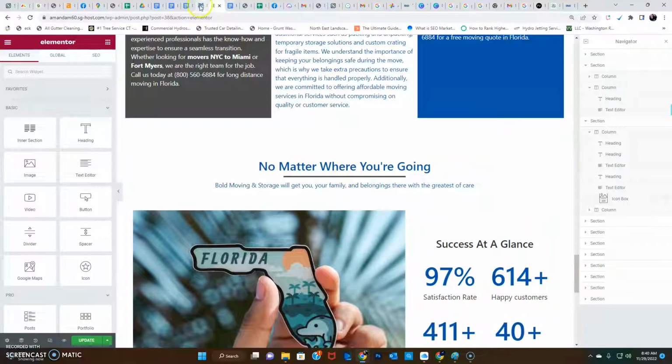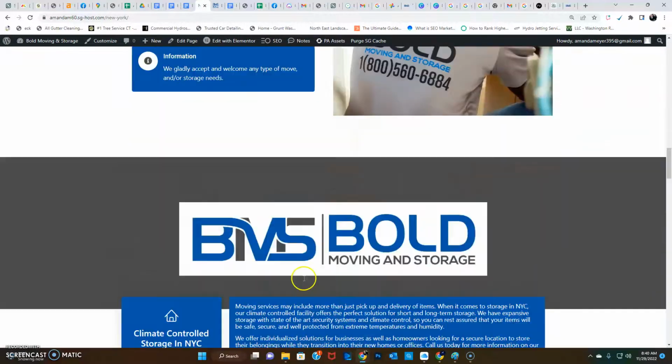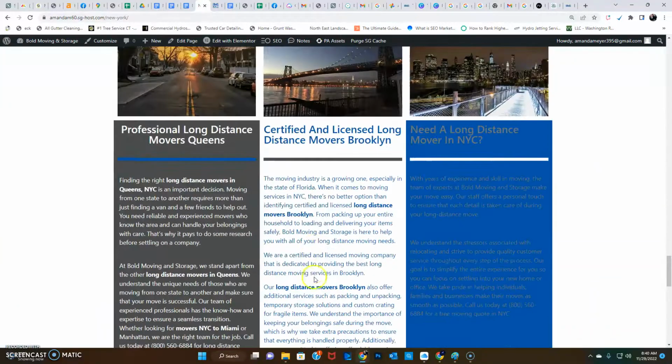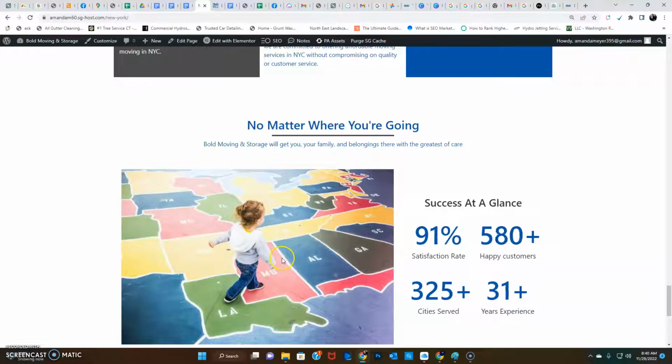So on this page, the theme that I was going with at the bottom was indicating that no matter where it is that they're going, Bold Moving and Storage is going to be there for them, to get their family where they need to go, right? That's essentially what I was representing: family, obviously, no matter where you're going in the States, they're going to be there for you.